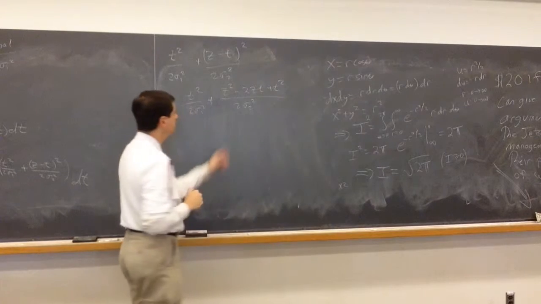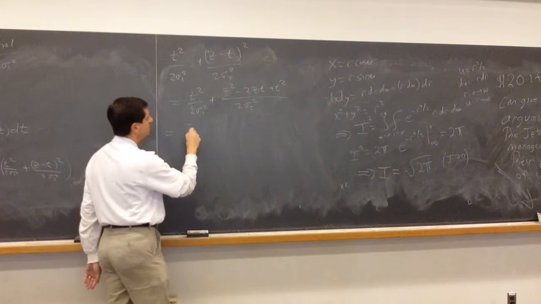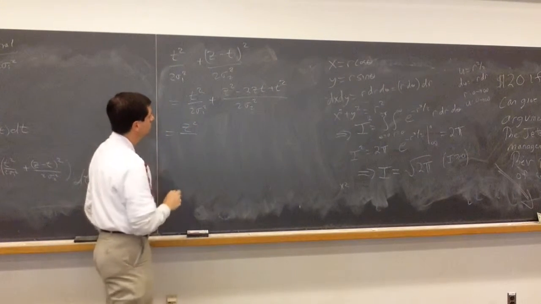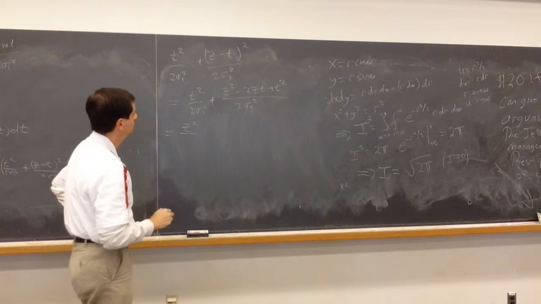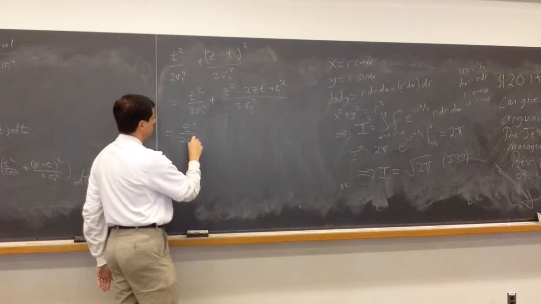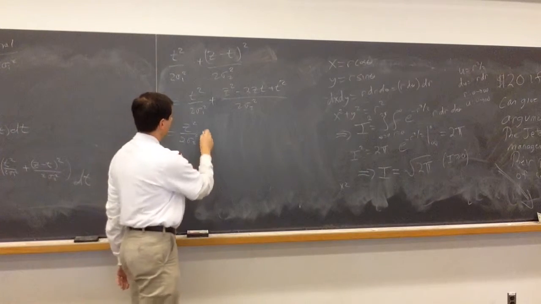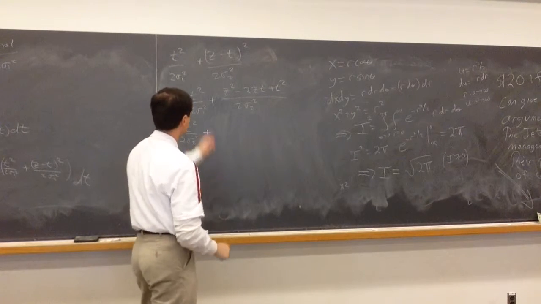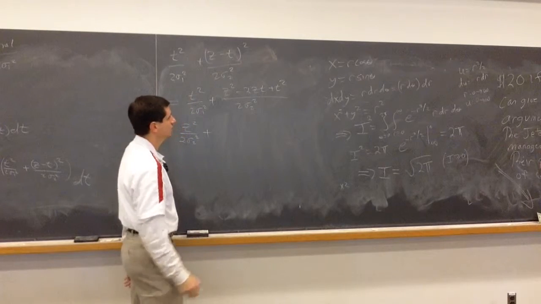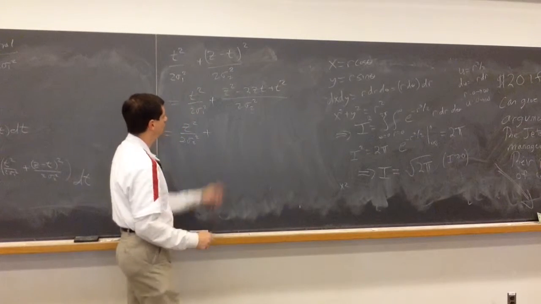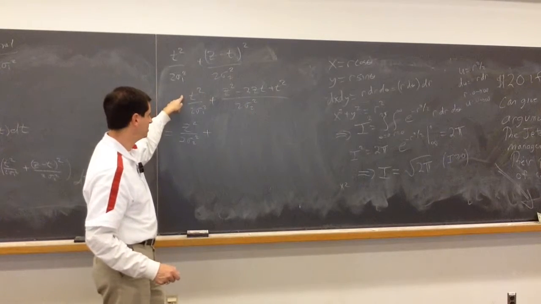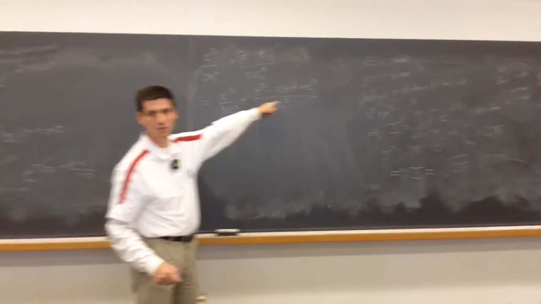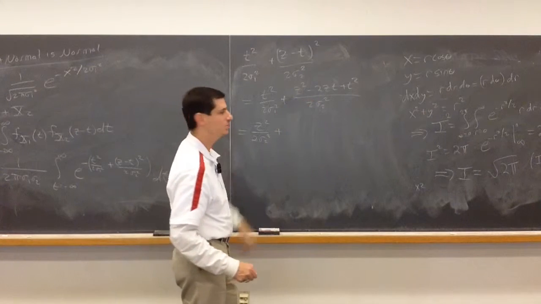All I care about is the z dependence. I have a z squared over 2 sigma 2 squared plus, all right. So if we now, everything has a 2 down below. I have to multiply this by sigma 2 squared and this by sigma 1 squared. Thank you so much for having me have unequal things.